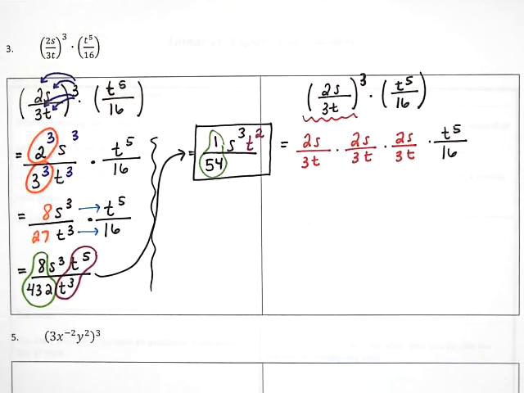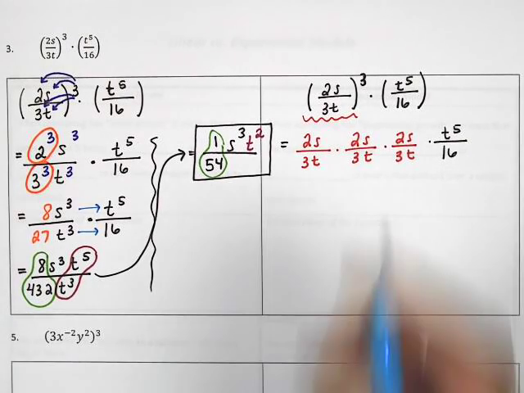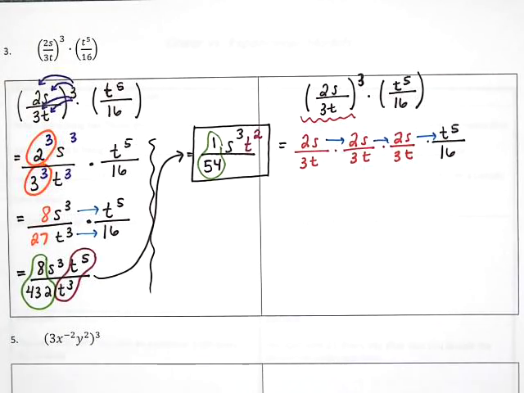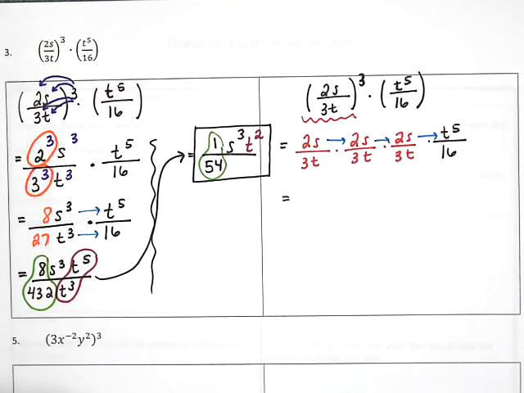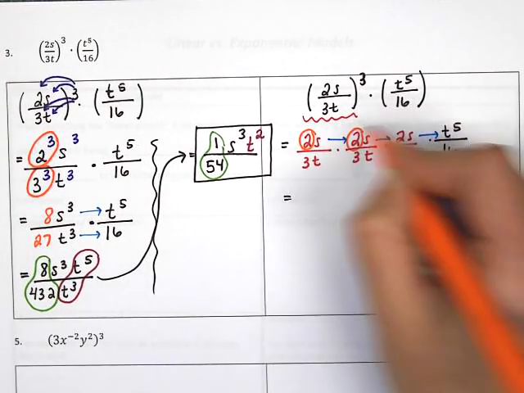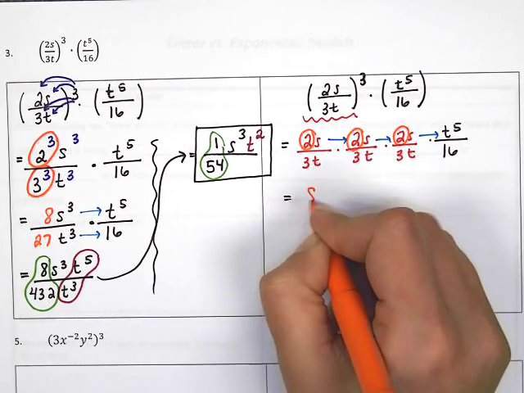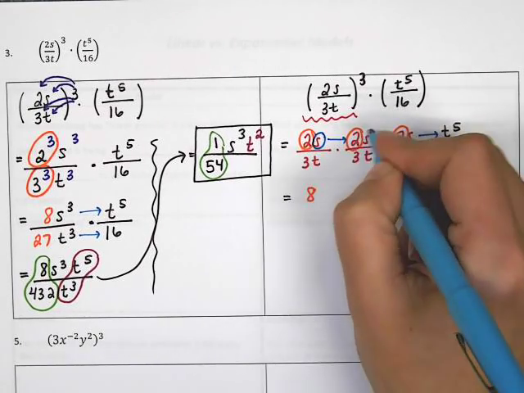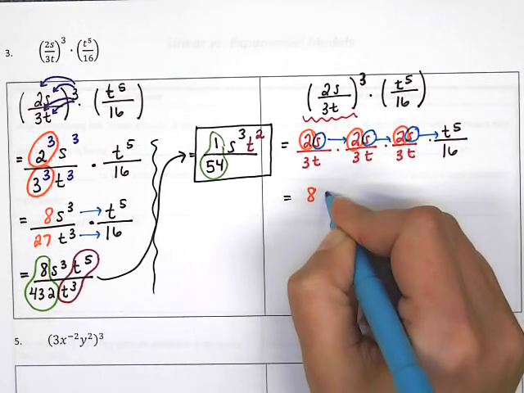And then you could say, well, I know a rule for fractions. I just go straight across, and when I do that, I'm going to combine all the 2's. So 2 times 2 times 2 would be 8. I'm going to combine all the s's, so s times another s times another s would be s cubed.